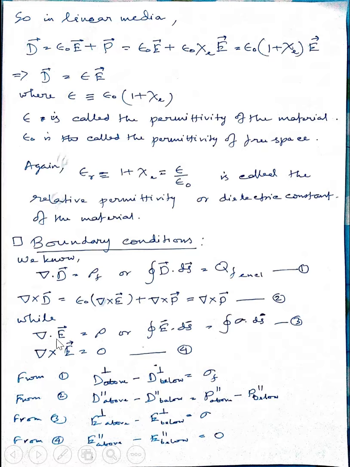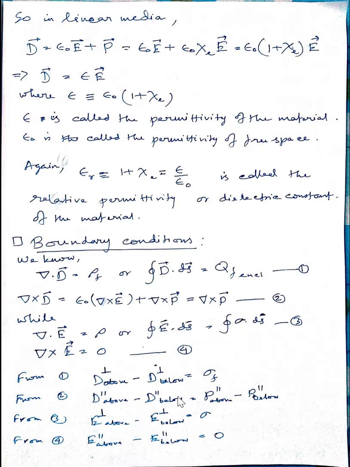Similarly, divergence E and curl E, and from these equations you can find this. The boundary condition is that there is a boundary between two dielectric media. If I draw a line at the boundary, then this is above and below.